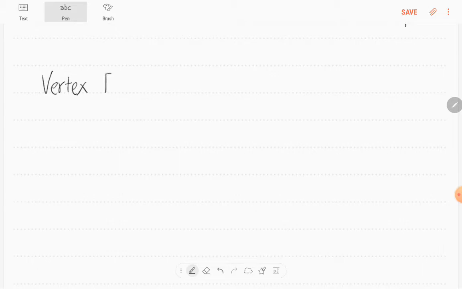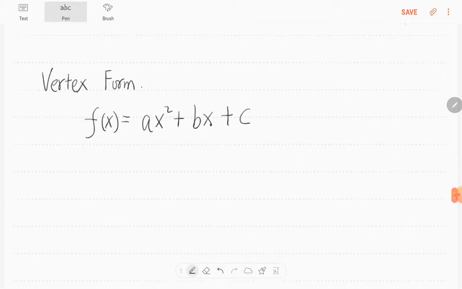Vertex form. Why are we interested in the vertex form? The reason is that the vertex form gives you more information than the standard form. This is the standard form, which is ax squared plus bx plus c. What is the vertex form?